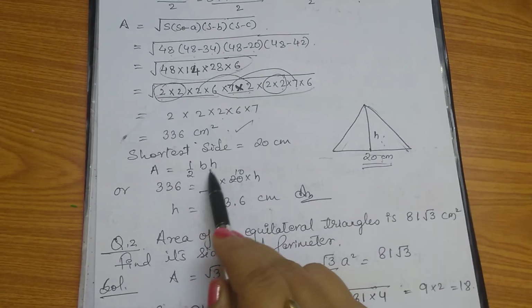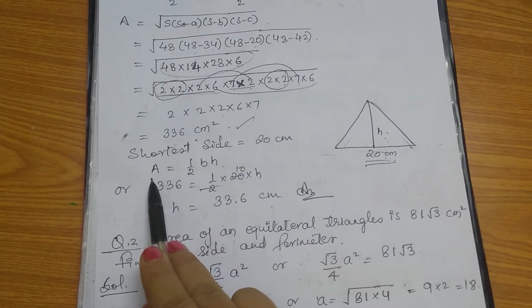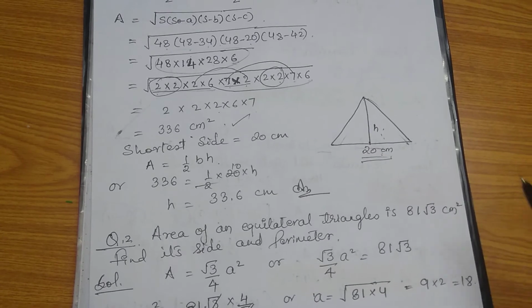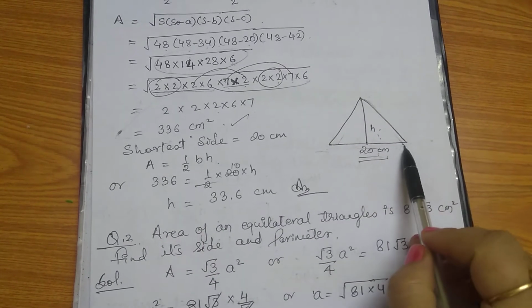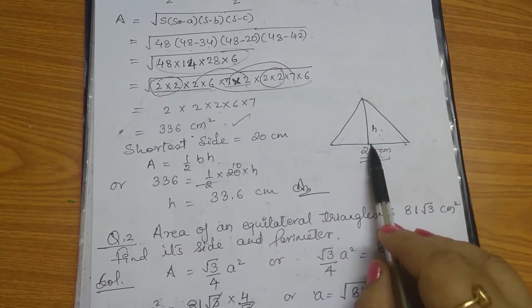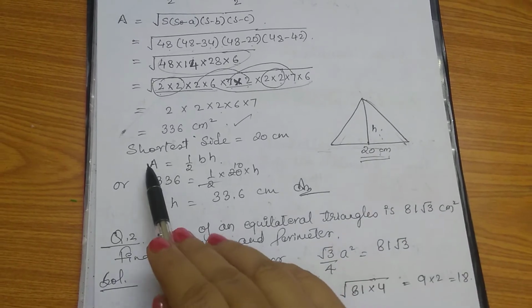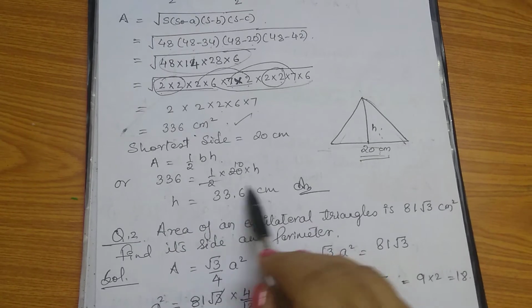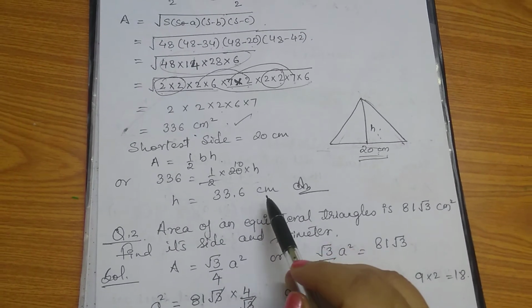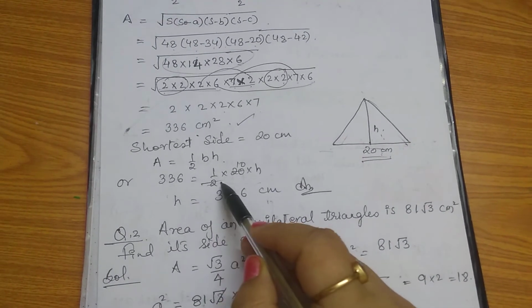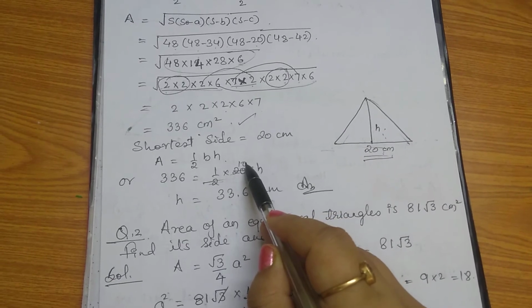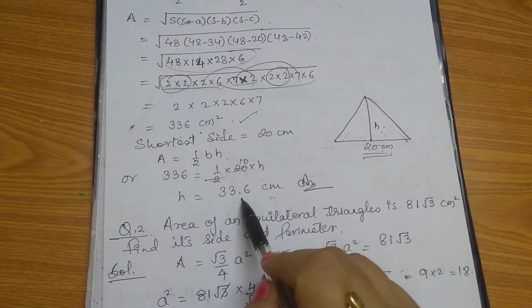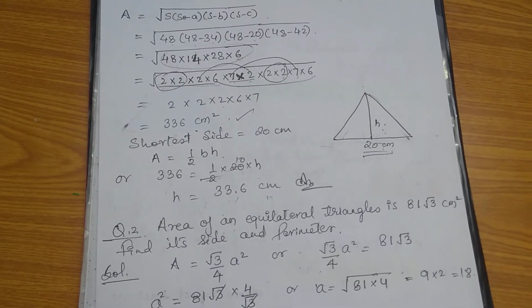So I use half into base into height as the area in the other form. I chose this because I can see this is the base and this is the height dropping on it, and the area is already there from the other formula. So you substitute it here and get the value for h. You just multiply, cancel the values, take 10 to the other side and divide, and you get the height as 33.6.